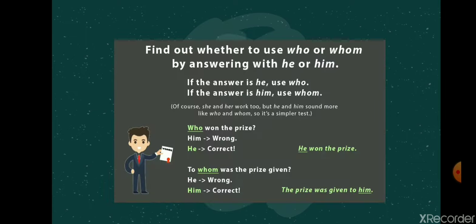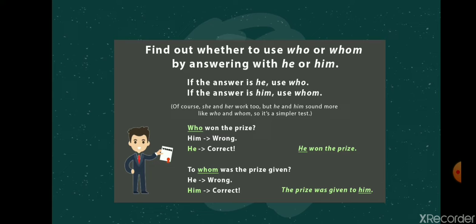Let's keep going. Now, another way in which you can figure out if you're using who or whom is depending on the answer. If the answer is he, use who. If the answer is him, use whom. You can use she or her as well, but using he or him is a simpler test. Who won the prize? Him won the prize?